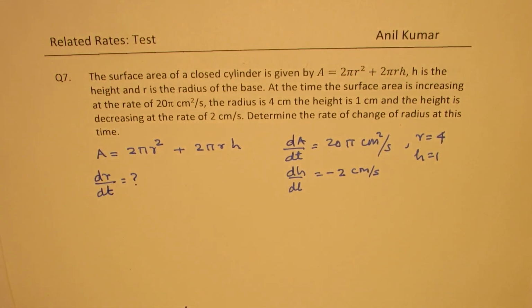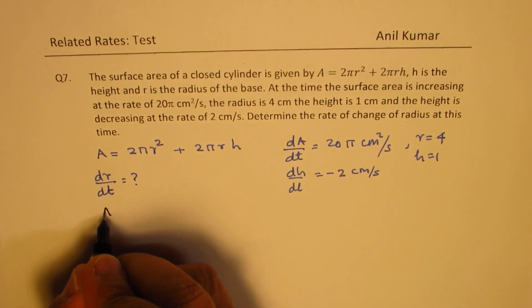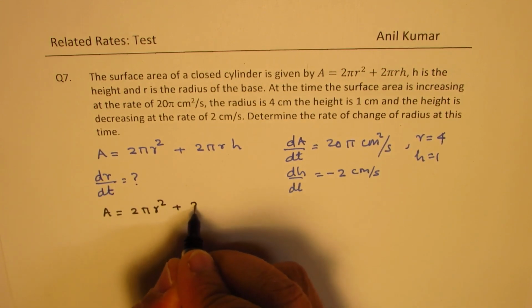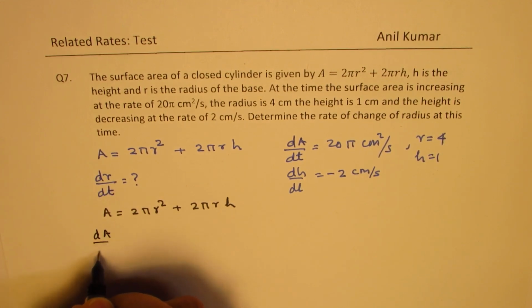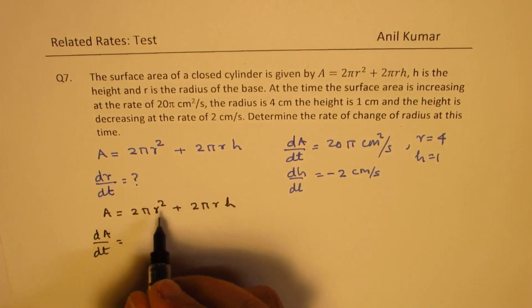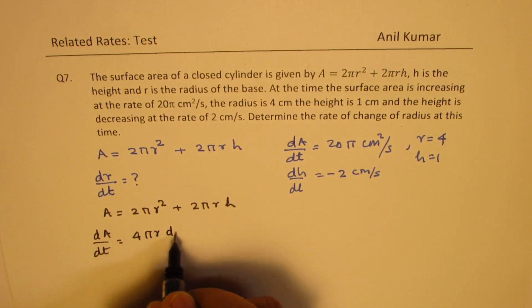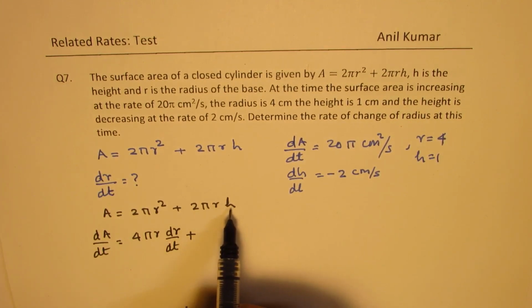Now we have the expression. We can just find the derivative with respect to time. So we get A equals 2 pi r squared plus 2 pi r h. dA/dt will be 2 times 2, 4 pi r dr/dt, plus, now here both r and h are changing, right?